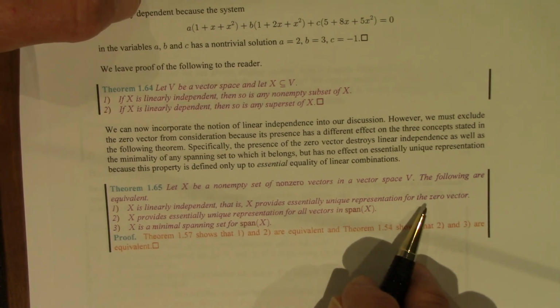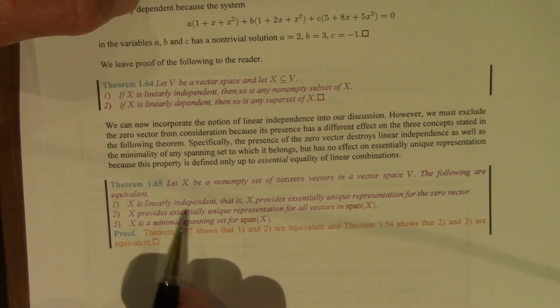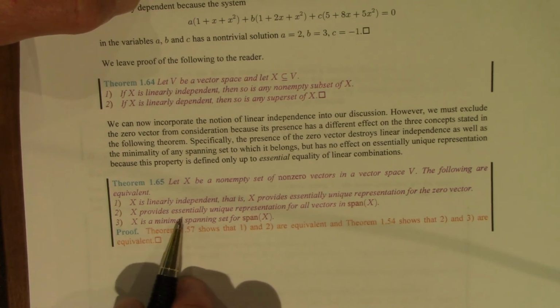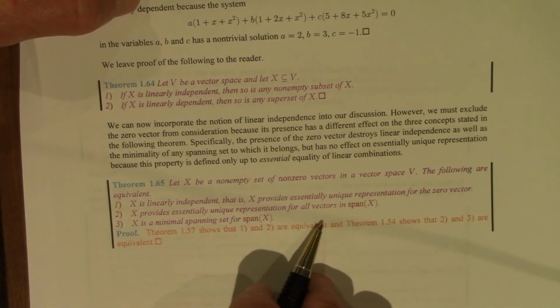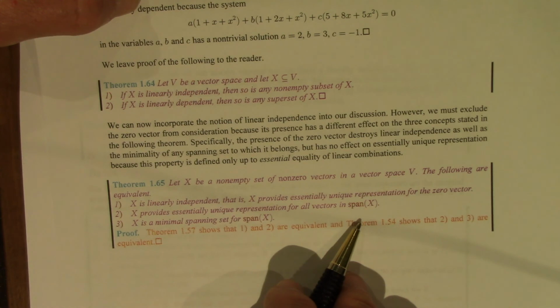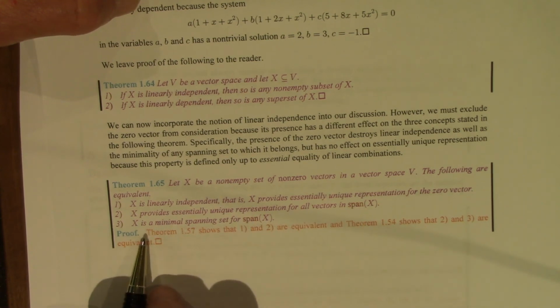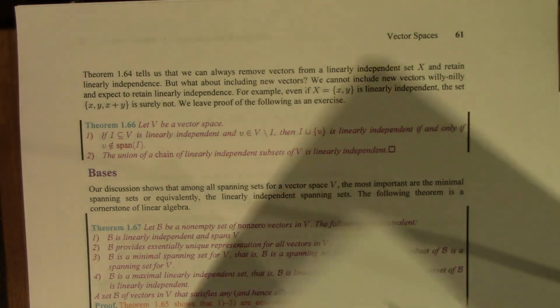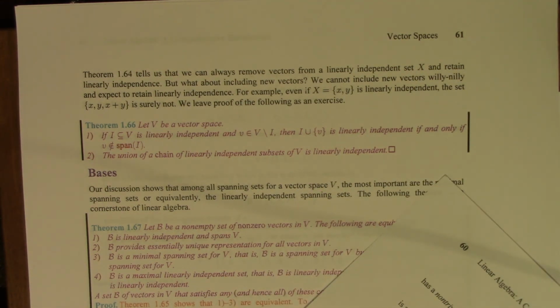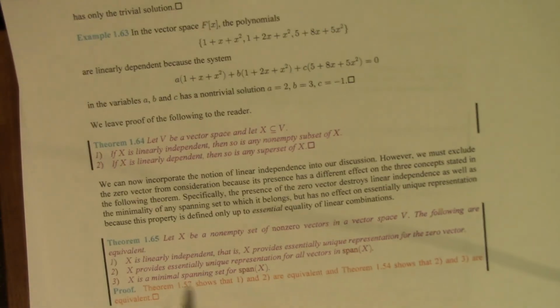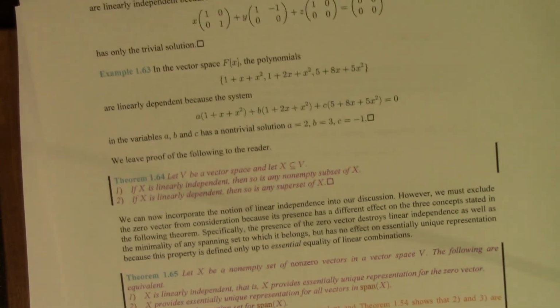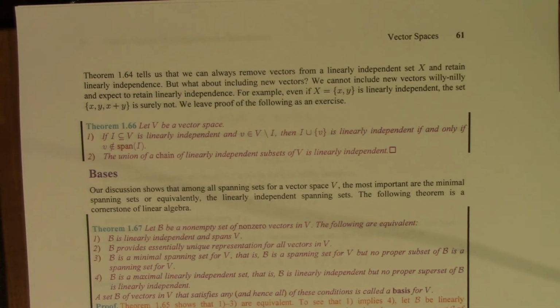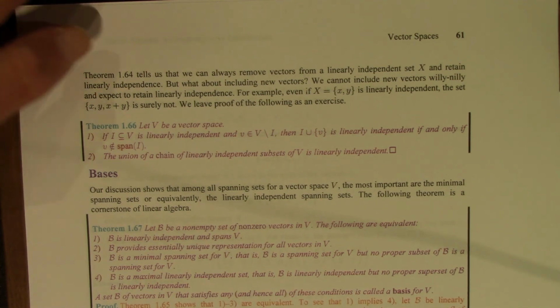That's what this means, really, linear independence. X provides essentially unique representation for all vectors, and X is a minimal spanning set for its span. And the proof is basically, you can see it's one line here, it's just collecting previous results together.